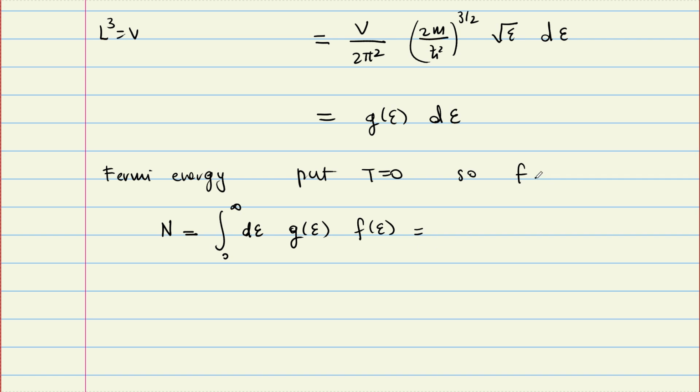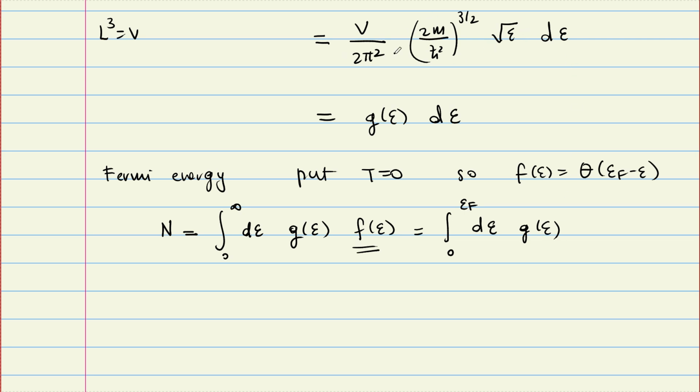But F of epsilon at 0 temperature is just a step function, E Fermi minus E, right? Anything below the Fermi level is occupied, anything above is unoccupied. So this is going to be the integral from 0 to E Fermi, d epsilon, G of epsilon. So I've taken care of this distribution.